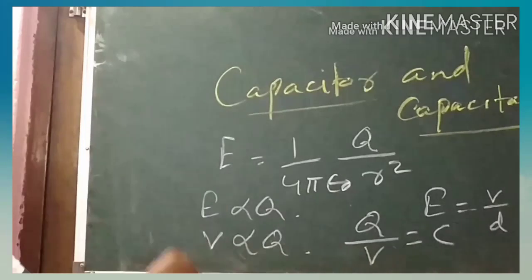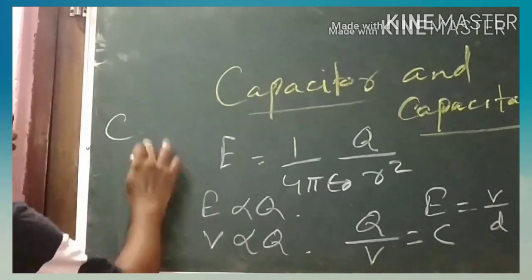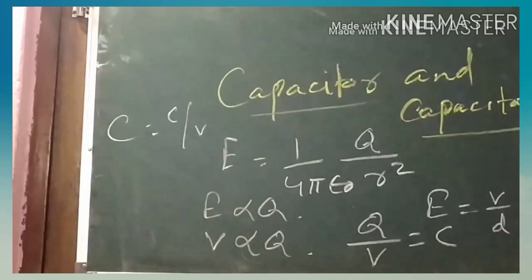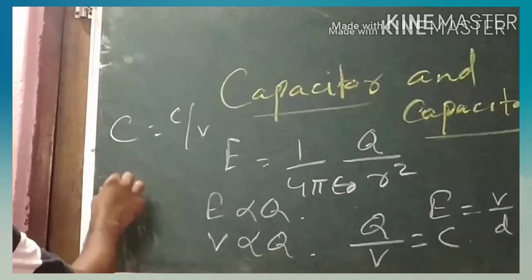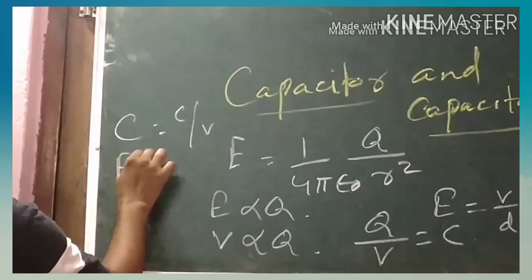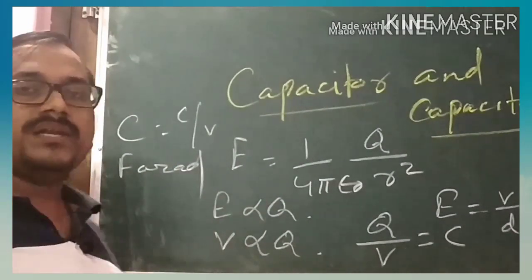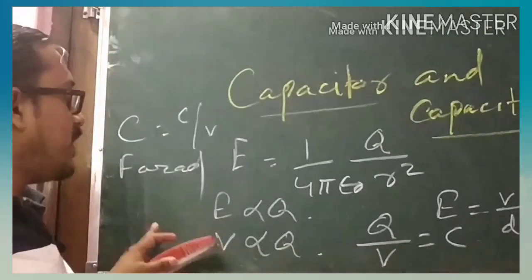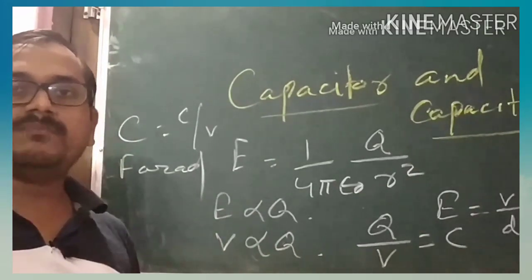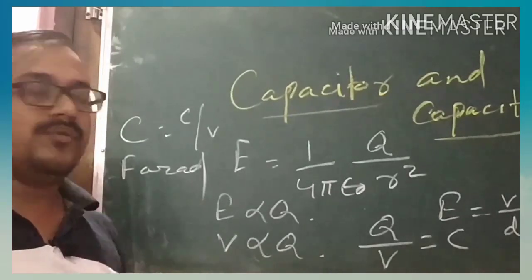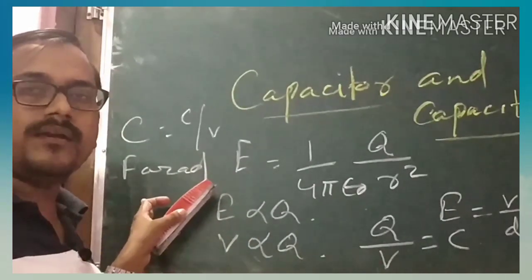The unit of capacitance is coulomb per volt, and the SI unit is farad. But the farad value is very high, so in practical cases we normally use picofarad, microfarad, nanofarad and so on.